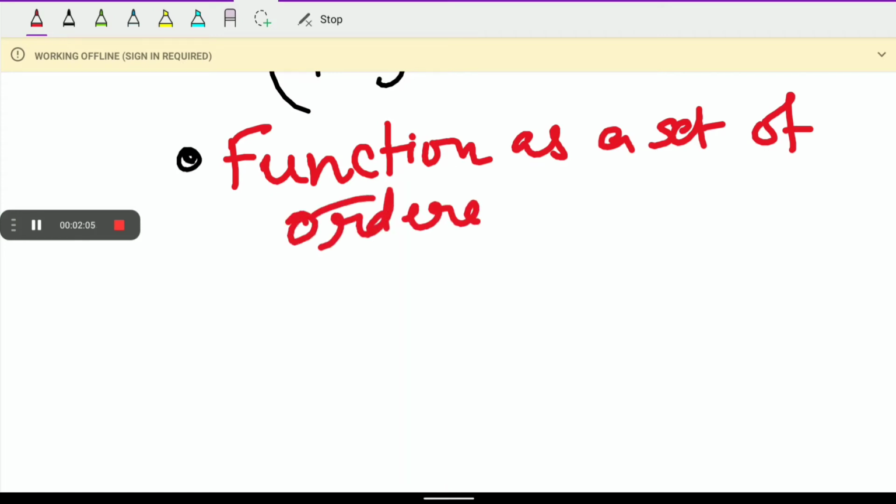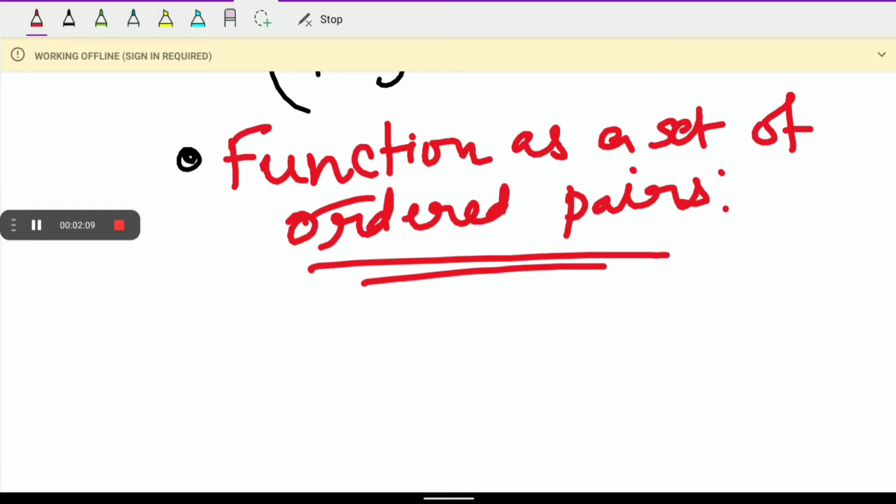What does it mean? If you have already watched the video on relation, then you know what is an empty set and what is a non-empty set, because I have already told that there.